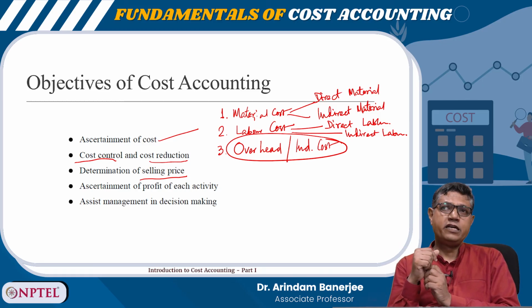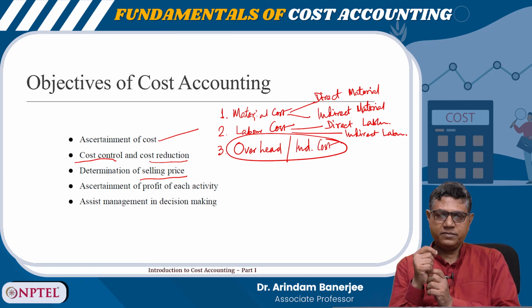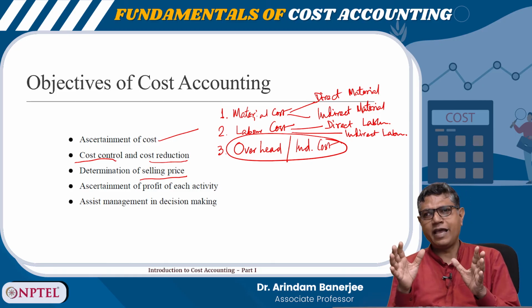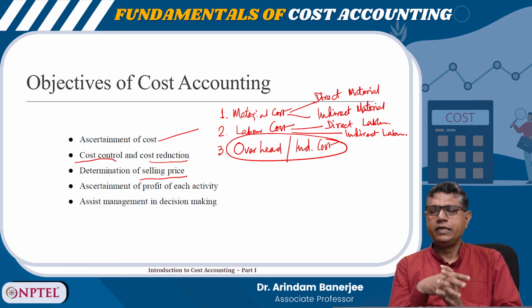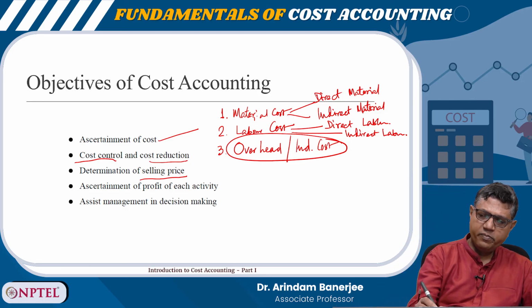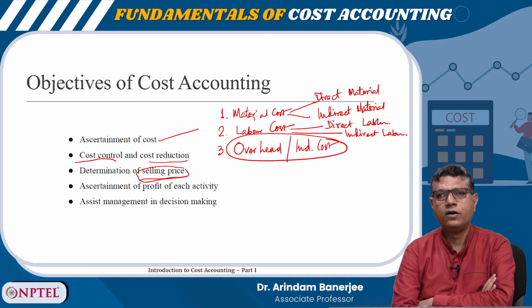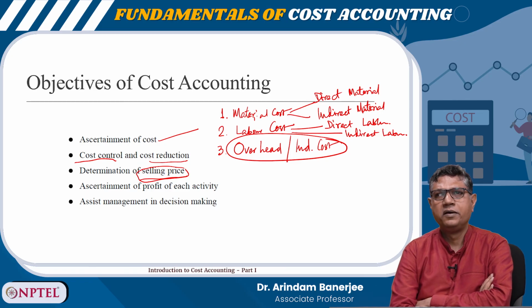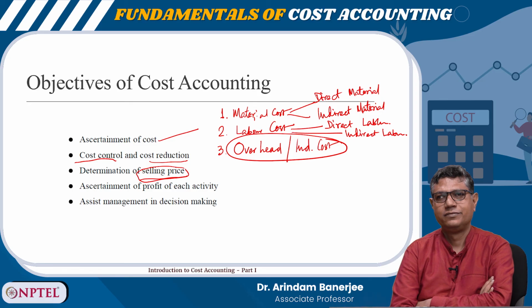So, for determination of the right selling price and creating pricing strategies, the companies must know the cost price as accurately as possible. In that sense, cost accounting plays a very, very crucial role. Till now we were talking about product-wise costing, but we can also calculate the cost activity-wise.